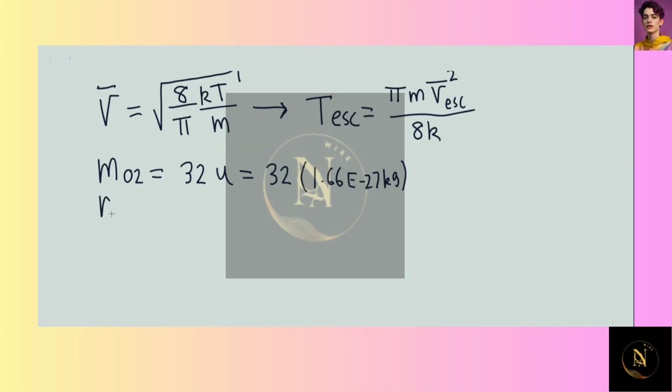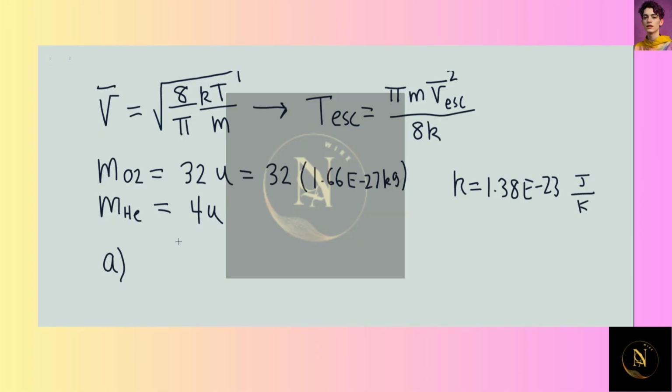And for helium, its mass is about 4 u. So with that done, we can simply plug in our results, also making note that the Boltzmann constant is 1.38 times 10 to the negative 23 joules per Kelvin.